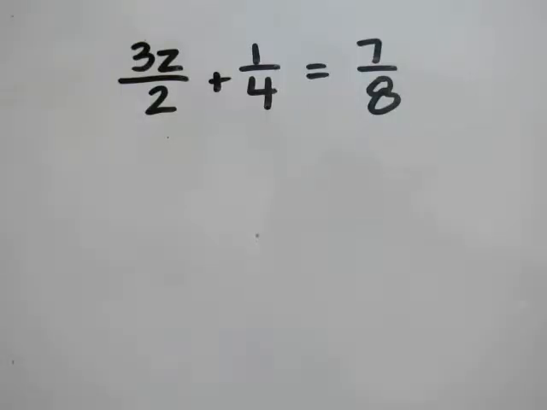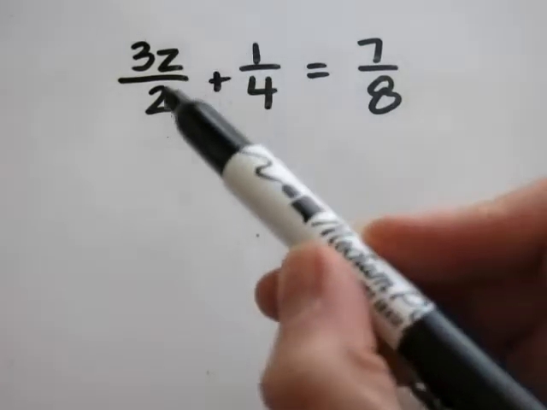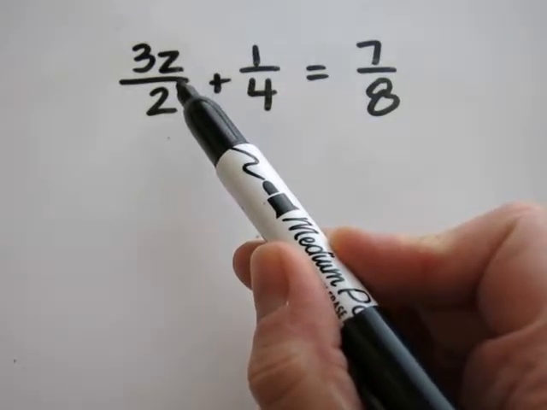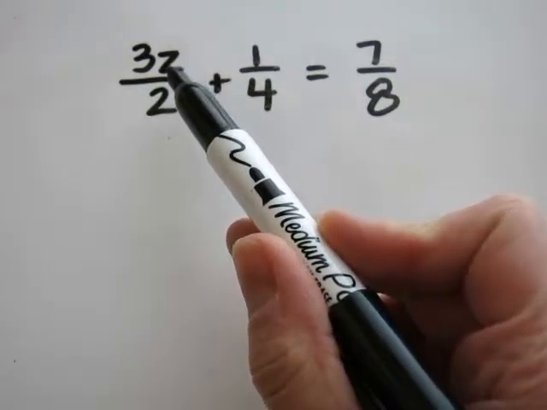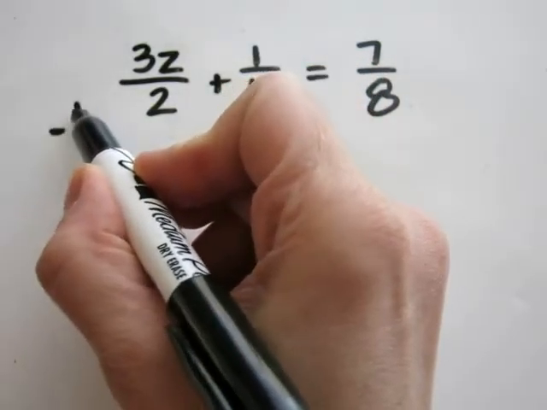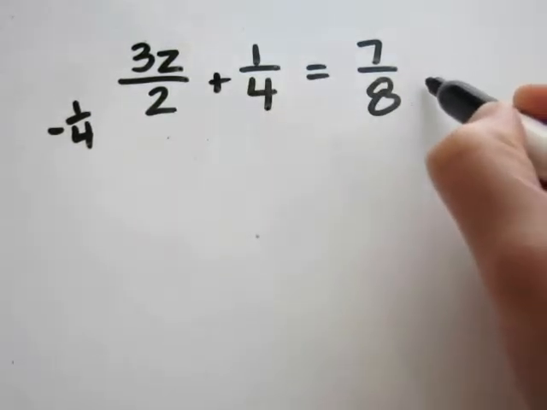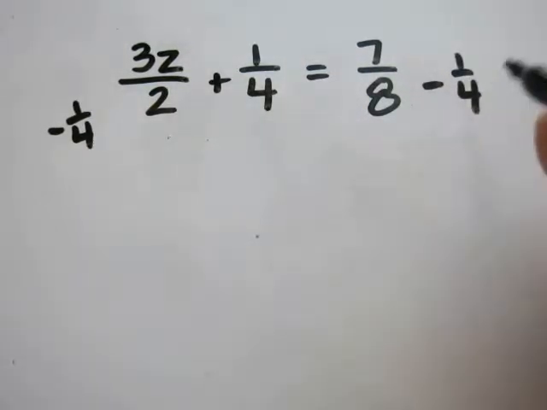Problem 22. 3z over 2 plus 1 over 4 equals 7 over 8. I want this z to be isolated on one side of the equation so that I can solve for z. To do that, I'll subtract 1/4 from each side.